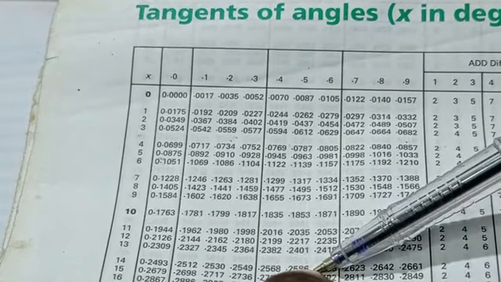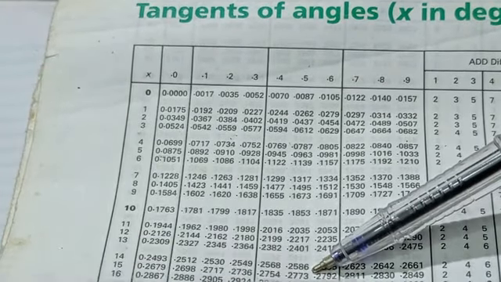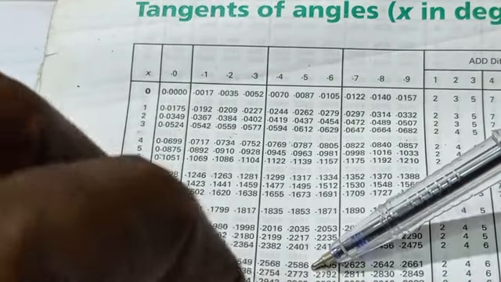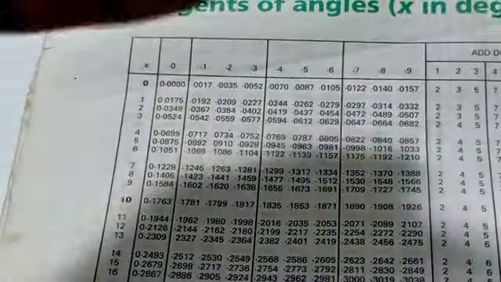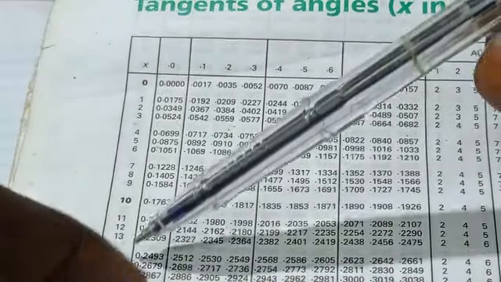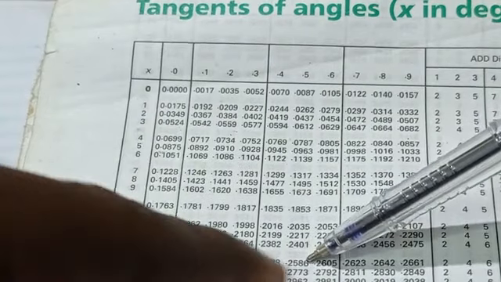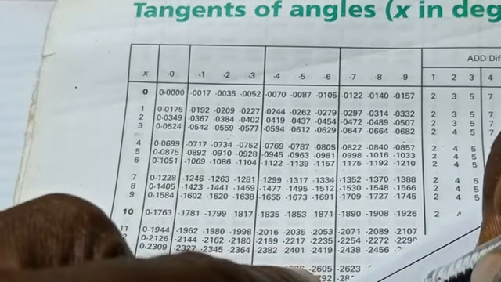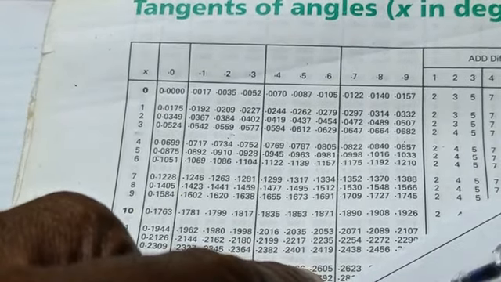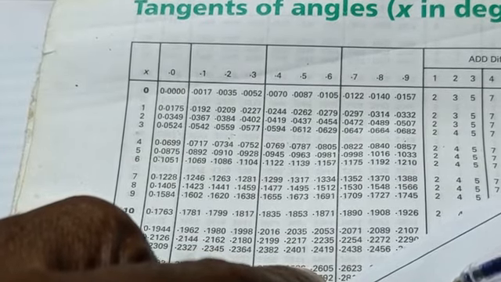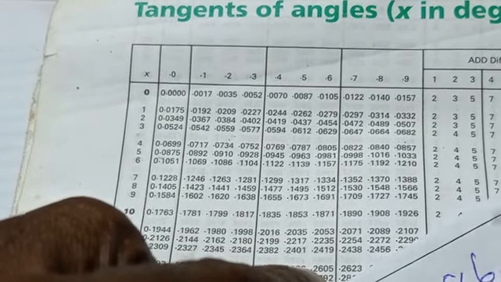So our answer is what? Let's write it somewhere. So 14 under 5 is 0.2586.